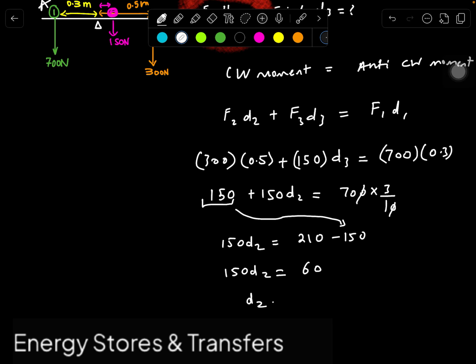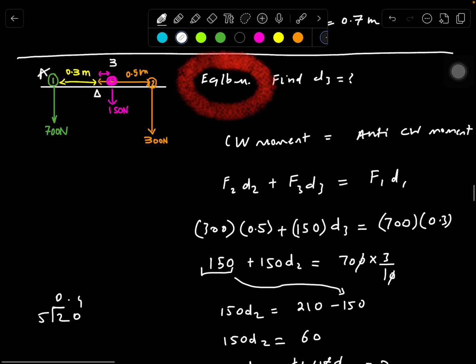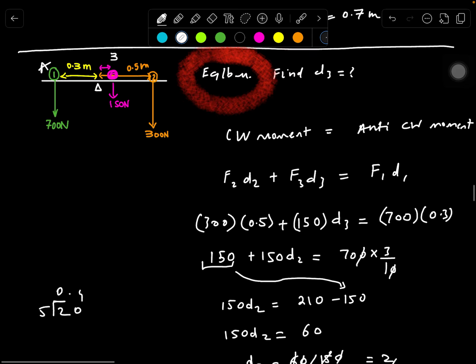And then D3 equals 60 over 150, zeros cancel, 3 2 times, 3 5 times, so you have 2 over 5, 0.4 meters. Whoa, diagram is very off.